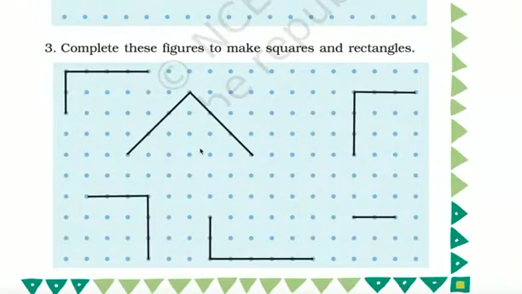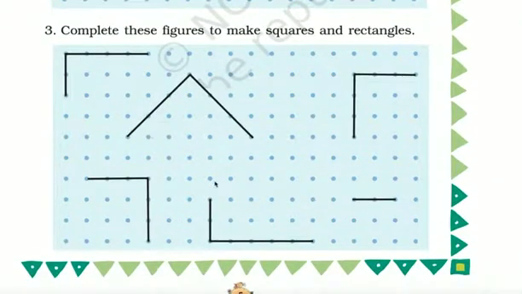Complete these figures to make squares and rectangles. This you can make a rectangle. This one is a square. This one is a triangle. It cannot be a rectangle, right? If you want to make it a rectangle, you can still make it. 1 2 3 4, 1 2 3 4, you can make it a square.